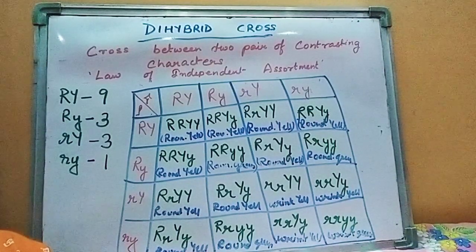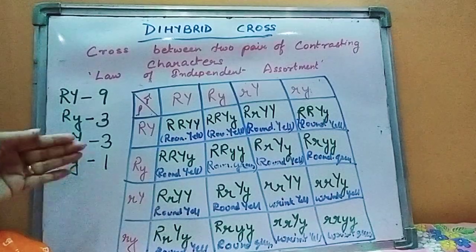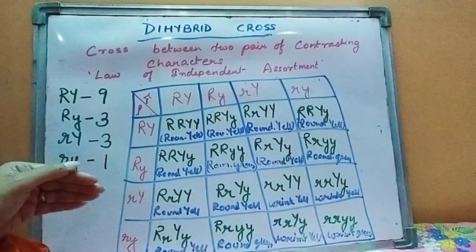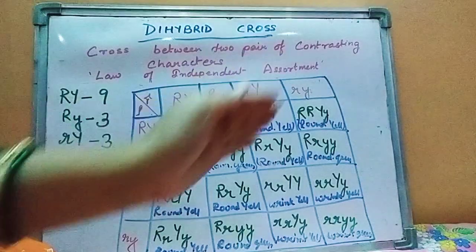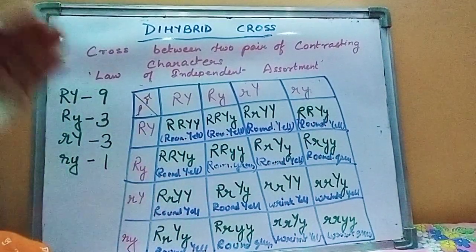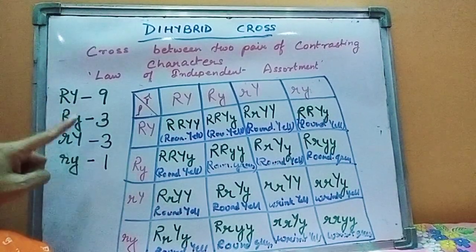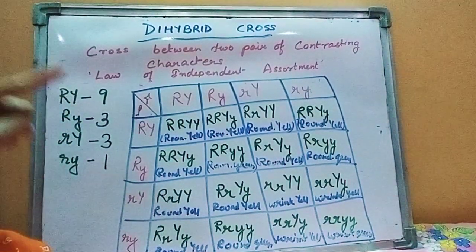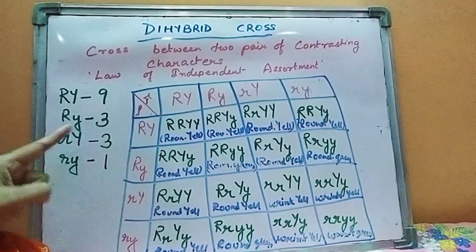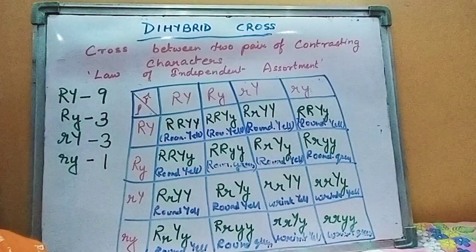So you can understand the ratio has come up to 9:3:3:1. This is the phenotypic ratio. And if you go to the genotypic ratio, it will be a big one. Individually, you have to segregate. So what was the phenotypic ratio in the dihybrid cross of Mendel? It was 9:3:3:1. That is 9 round yellow, 3 round green, 3 wrinkled yellow and 1 wrinkled green.